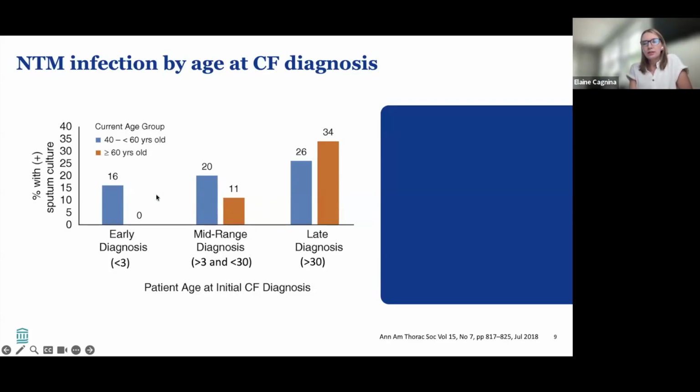And so this really tends to be a disease of milder lung disease and non-traditional CF variants, CF genetics. That's not to say that people who are delta F508 homozygous don't get NTM, but it is really a spectrum of people who get this with CF. And the highest prevalence of NTM positive sputum cultures actually happens in people who were diagnosed in adulthood.